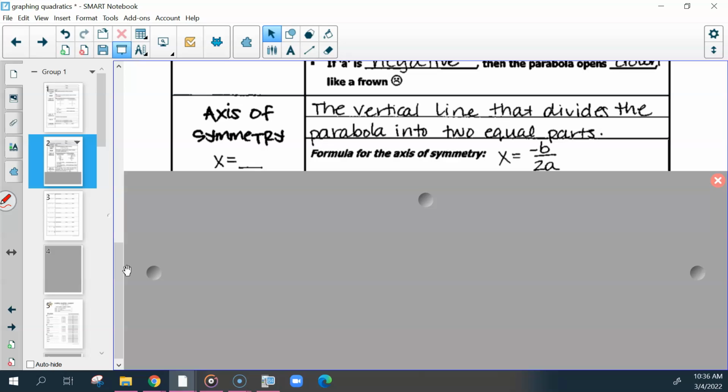There is a way to find this. It's using this formula, x equals negative b over 2a. The negative is there no matter what. And once we put everything in, we get x equals some number.